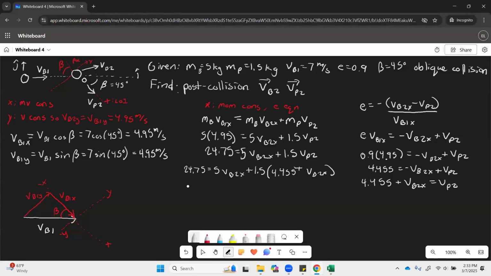And then we have 24.75 equals this 5 VB2x plus a 1.5 VB2x gives us a 6.5 VB2x, plus 6.68.